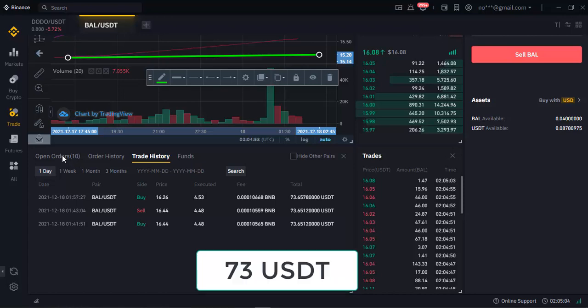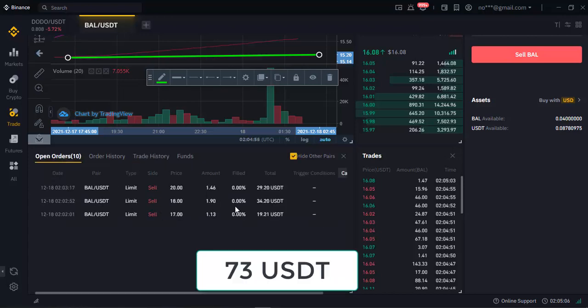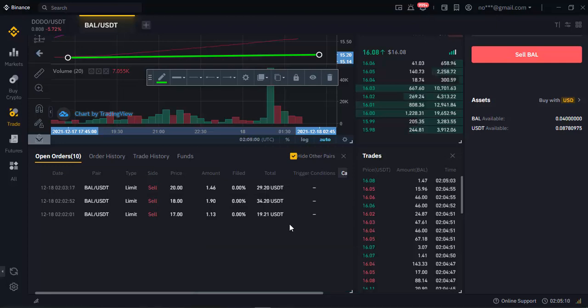Then when you come to the open orders, you'll be rest assured that when you sell this, because we are selling at a higher price, that is how you get your profit. Let's say we sell the first one at 29.2. You add it up with 34.2, and then add it up with 19.21.